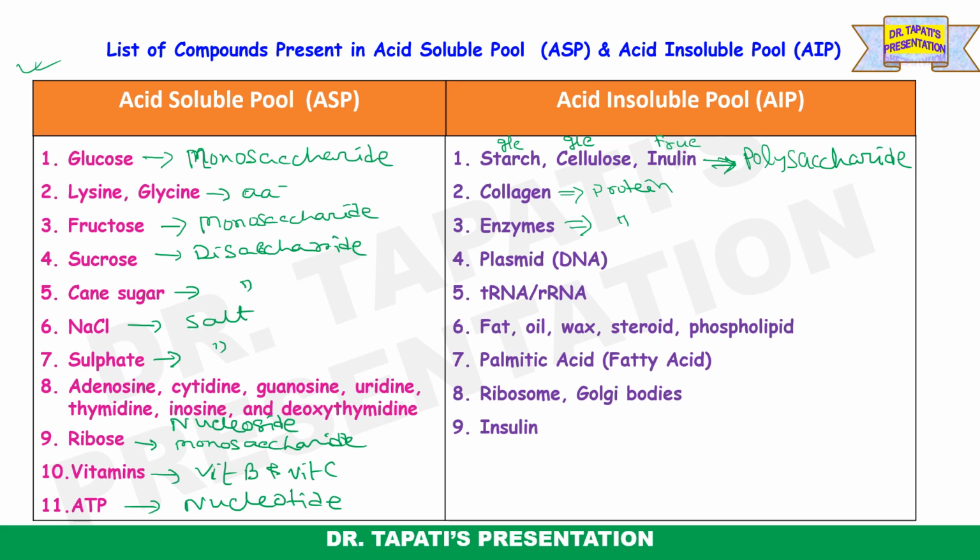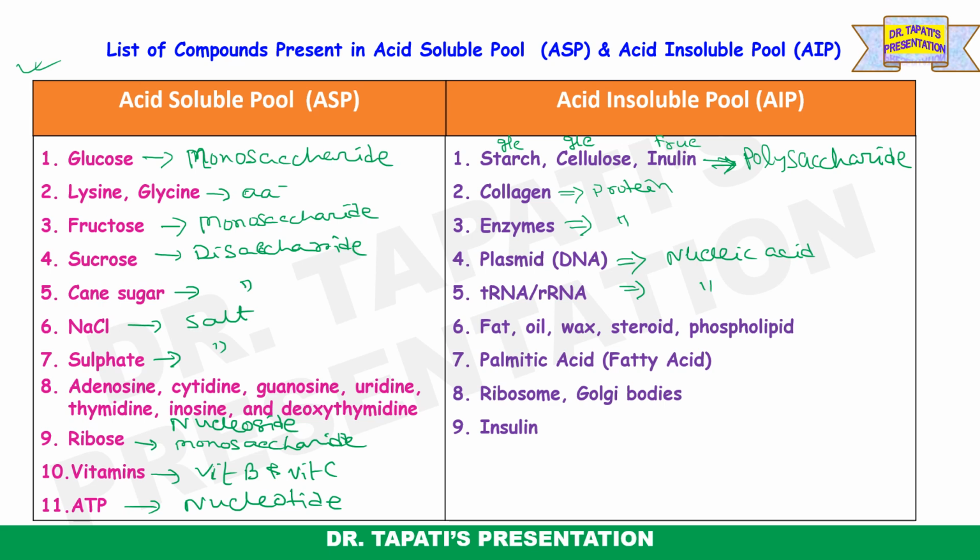Enzymes are not typically found in the acid soluble fraction because they exist in a colloidal state and are only slightly soluble in acid. So we can consider it is present in the acid insoluble pool. Plasmid means this is DNA, so this is nucleic acid. So nucleic acid is a polymer, a biomacromolecule. So it is present in the acid insoluble pool.